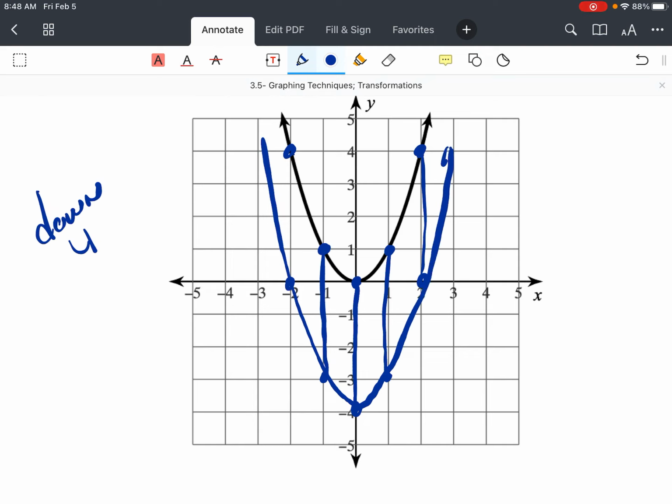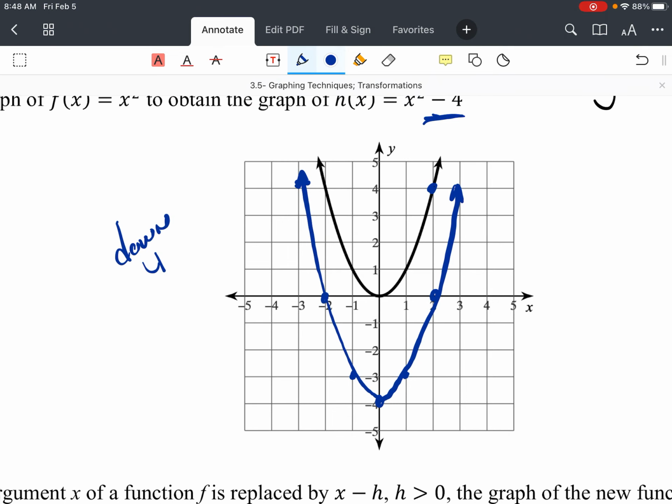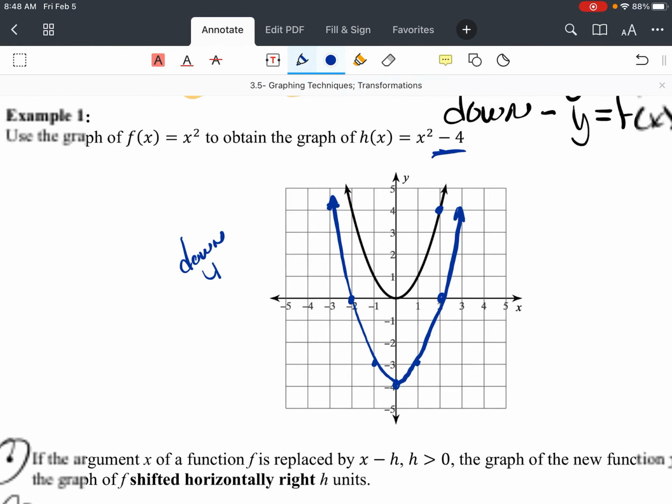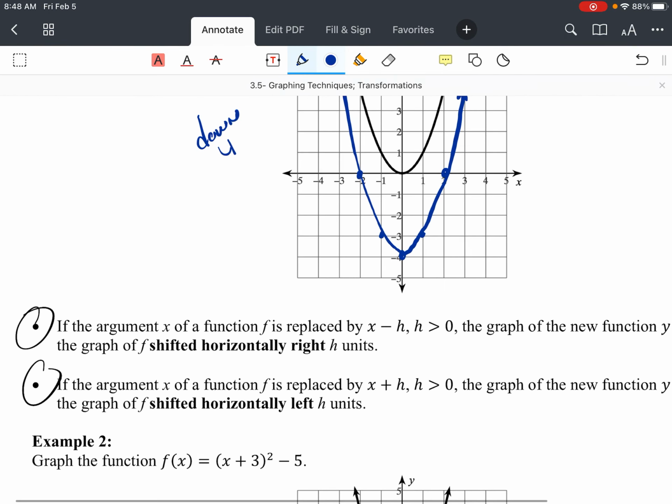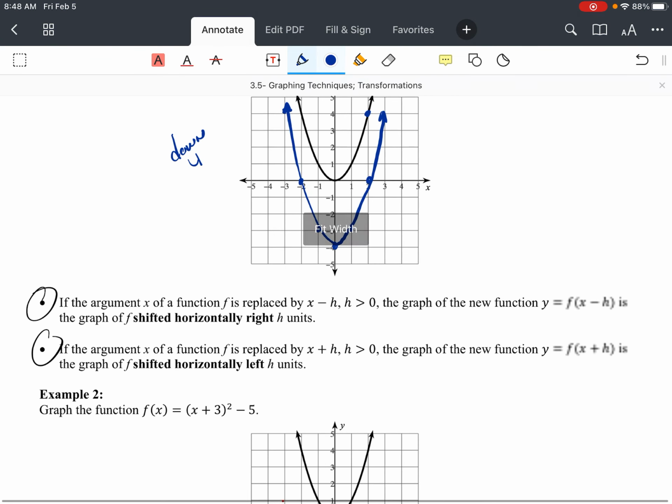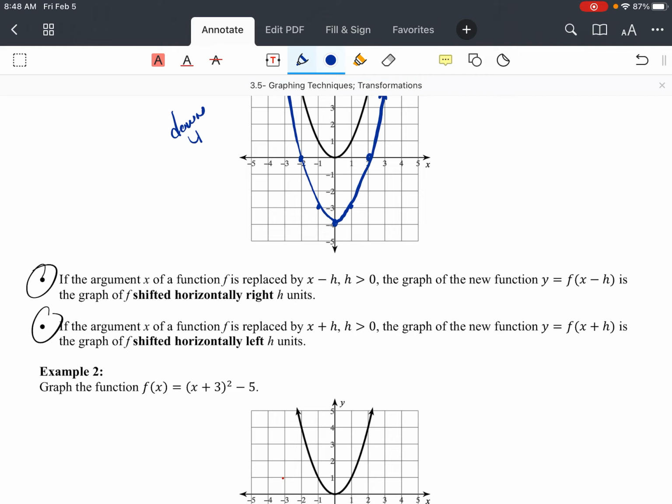Then I connect the dots. So I've got my graph here, and that's all you have to do. It's a shift down 4 units. Knowing the general shape of your function really comes in handy and will save you a lot of time when it comes to graphing.